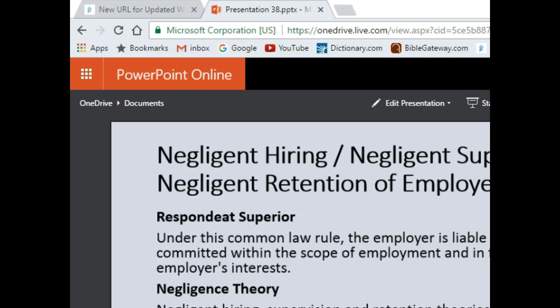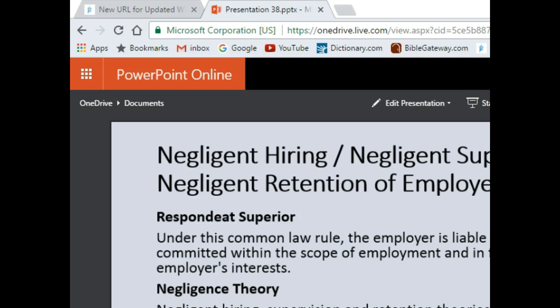Where the employee committed harm that goes beyond the scope of their employment functions, or goes beyond what they were expected to do in a workplace setting, and causes injury to some third party or someone else, that respondeat superior type of liability will not be available.